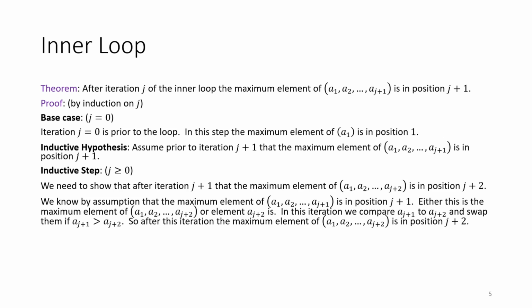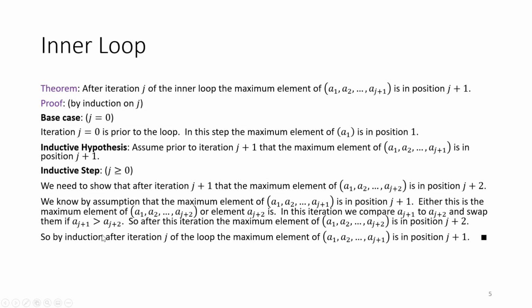It's going to punch through to j+2 and j+3 all the way to the end. And that's the end. So by induction, we've argued that the maximum element so far has reached the position that we want it in, so far.